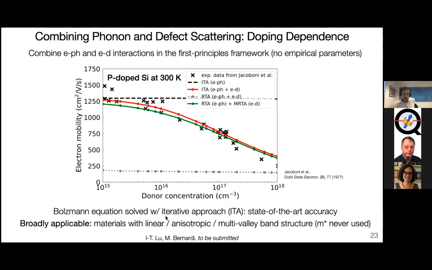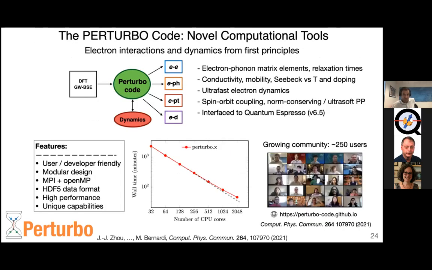Our calculations, on the other hand, make no assumptions about the band structure, and therefore we're able to tackle all these cases and study defect scattering processes and defect-limited transport in broad families of conventional and quantum materials.